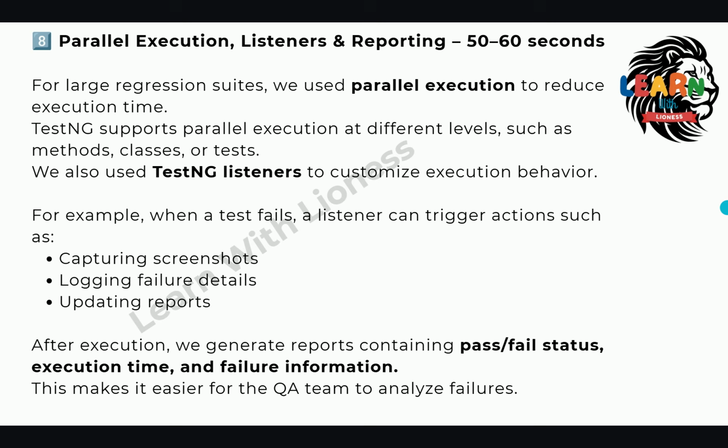For example, when a test fails, a listener can trigger actions such as capturing screenshots, logging failure details, updating reports. After execution, we generate reports containing pass or fail status, execution time, and failure information. This makes it easier for the QA team to analyze failures.